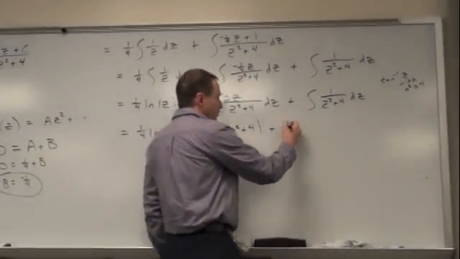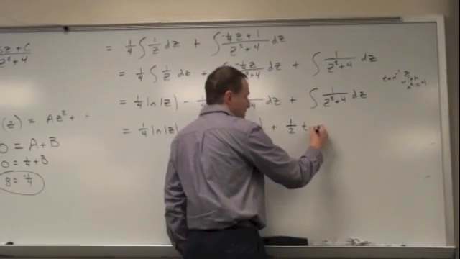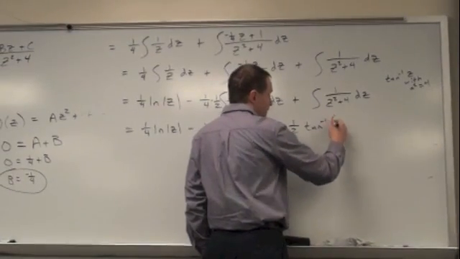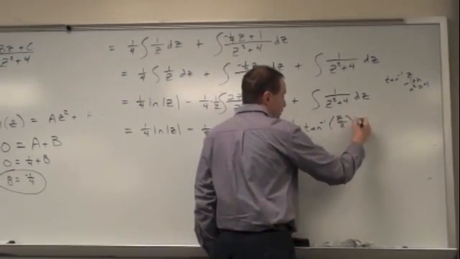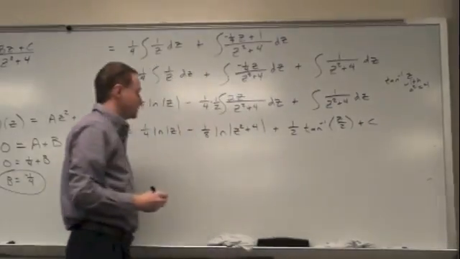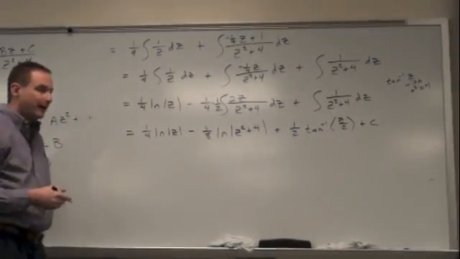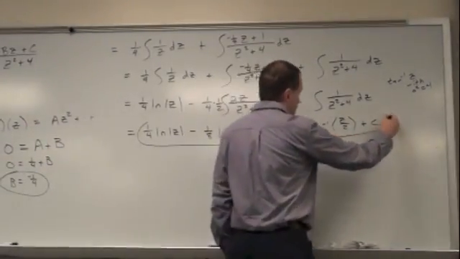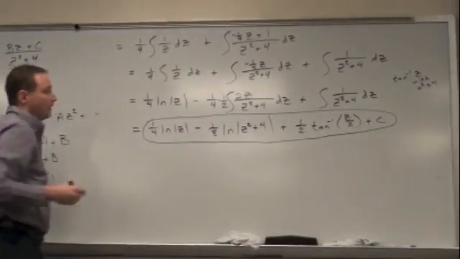So I'd say it's going to be 1/2 inverse tangent of z over a, z over 2, plus your constant of integration. Now, I'm fine with that final answer. Could you combine some of these? Of course you could. I'm just saying you don't have to.